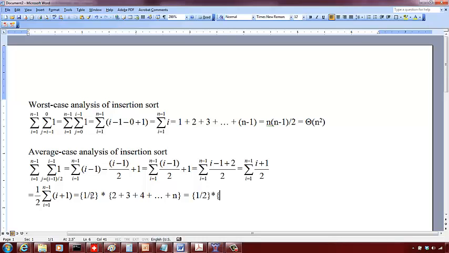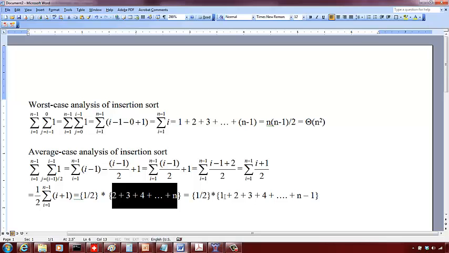Now if we want to apply our formula, this has to be 1 plus 2 plus 3 plus 4 plus up to n. So we added a 1 over here to bring in our formula, so we have to eventually subtract a 1. We transform this to basically this.